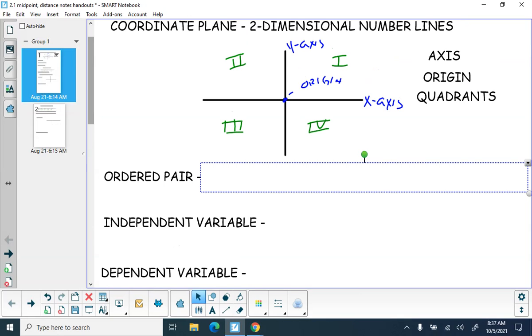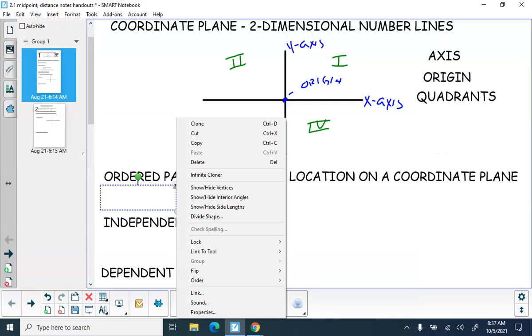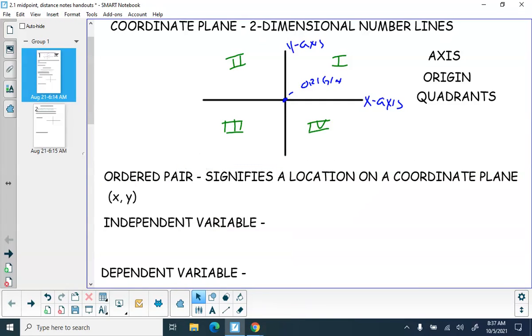We talk about an ordered pair. An ordered pair signifies a location on the coordinate plane. Location, location, location on the coordinate plane. It signifies a point.